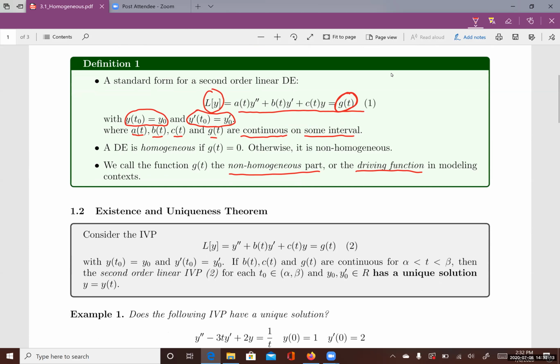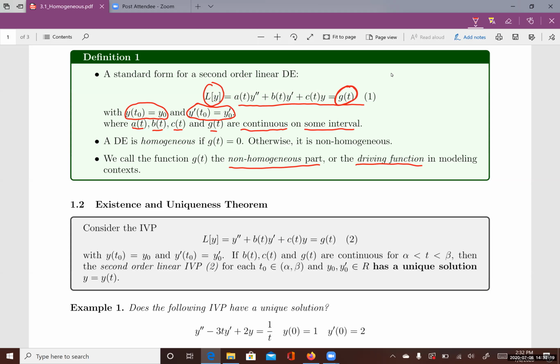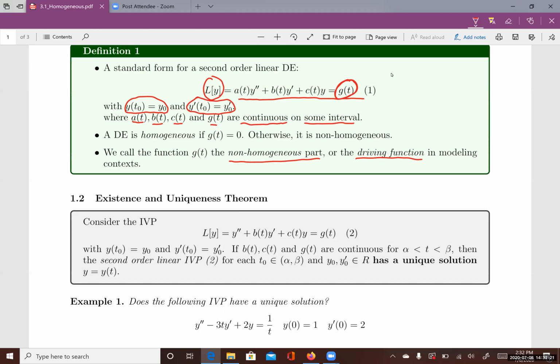Let's talk about the existence and uniqueness theorem for second order differential equations. Consider an IVP of a second order linear differential equation with two initial values, y(t0) and y prime (t0).